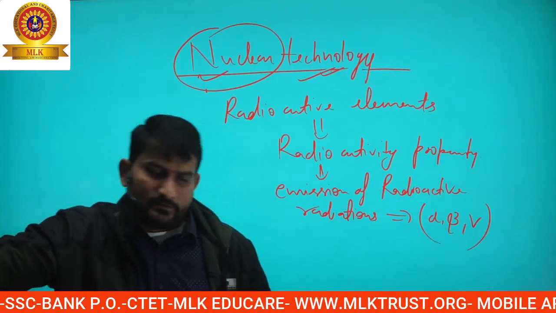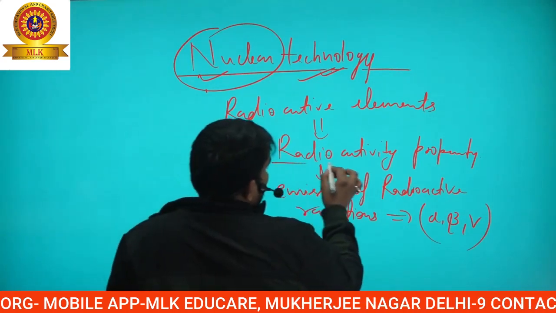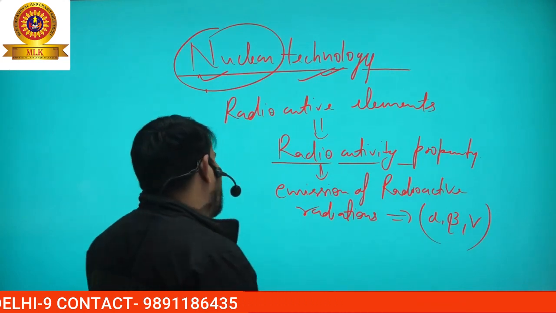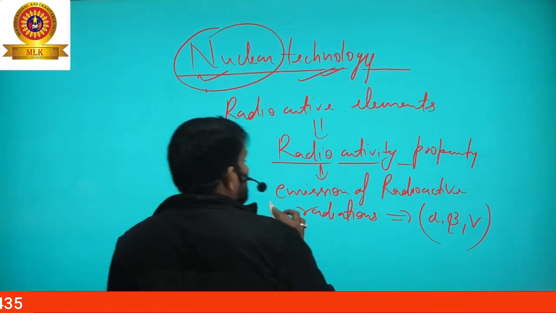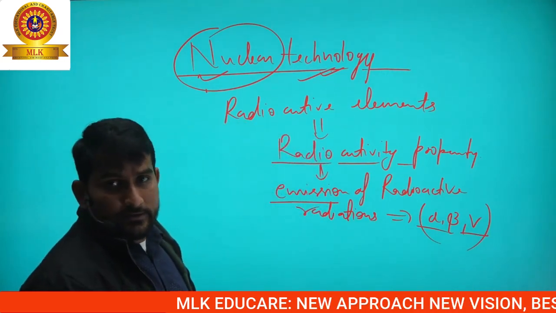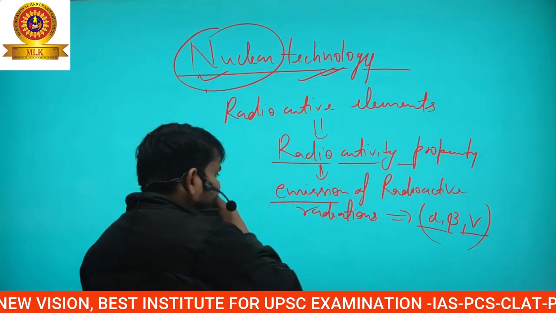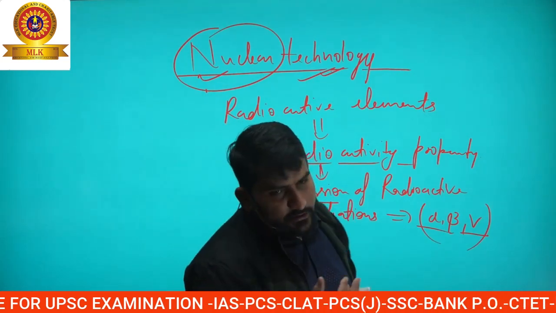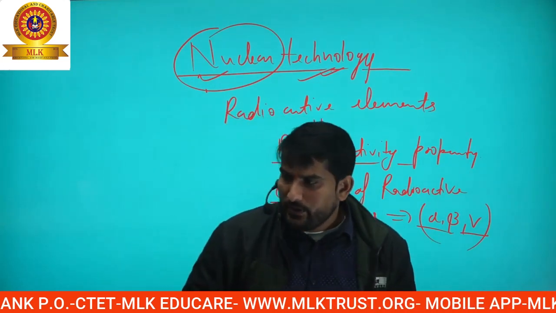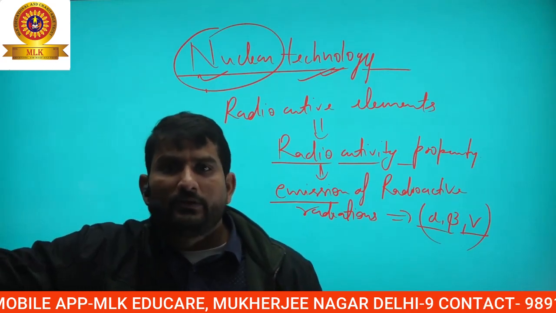Alpha, beta, gamma, these are the radioactive radiations. Obviously, these elements are radioactive in nature, which means they emit alpha, beta, gamma types of radioactive radiations. Clear? If they emit radiations, it also releases energy.